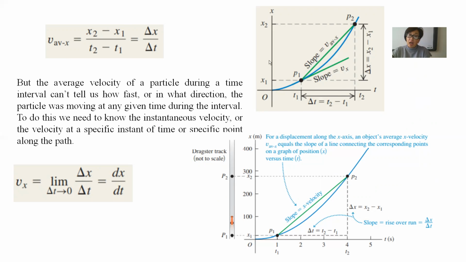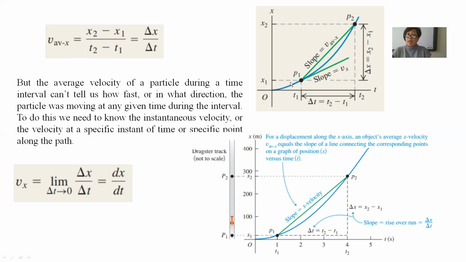This diagram shows the change in x position versus time, because the car moved from the first position P1 to the final position P2.